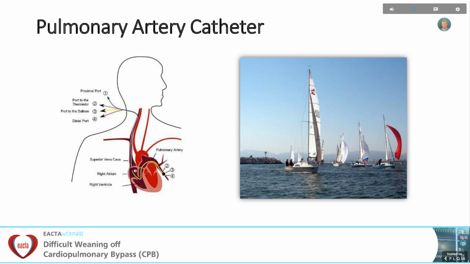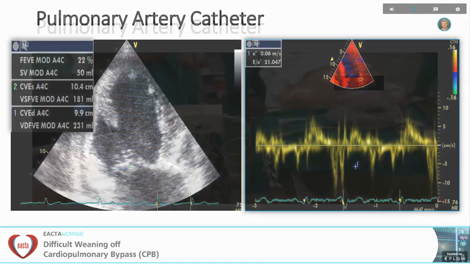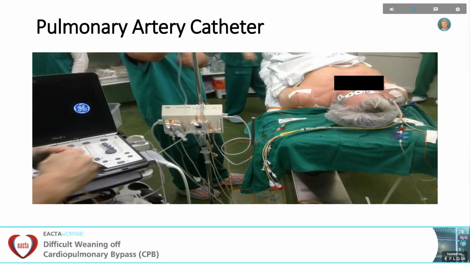And I think when we submit this patient to anesthesia induction, with 22% ejection fraction of the left ventricle and a restrictive pattern of diastolic disease, it can be difficult after induction, with hemodynamic instability, to place the catheter with the correct flow. So what I have done in the last years is anesthesia induction with the catheter already in place.